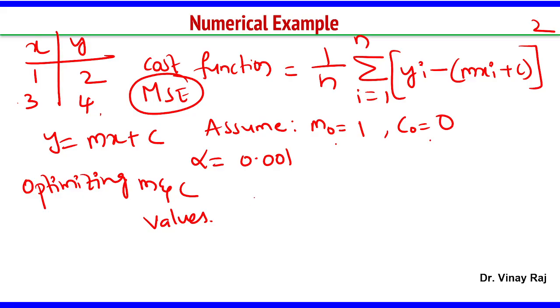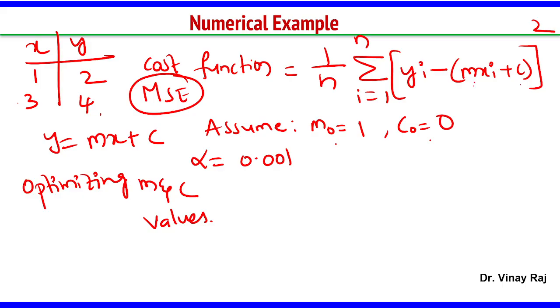So we try to find the derivative of our cost function. Since it is a partial derivative, why is it a partial derivative? When there is a function of more than one variable, we have to apply partial derivative. This function is a function of two variables, m and c.